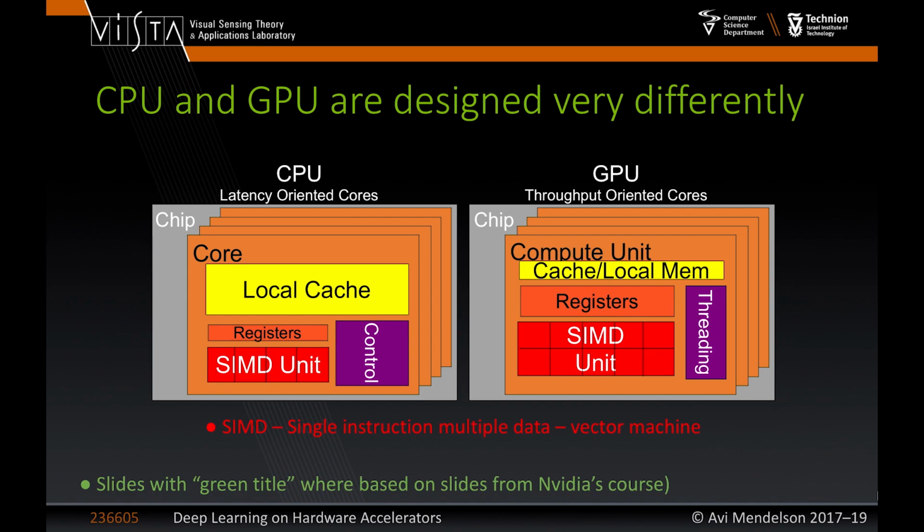Okay, so let's talk a little bit about the differences between the CPU and GPU. So we talked about the CPU. Let's talk about the GPU. In general, it is the same, because if you look inside, you find out that these GPUs are built out of thousands of small, simple cores.